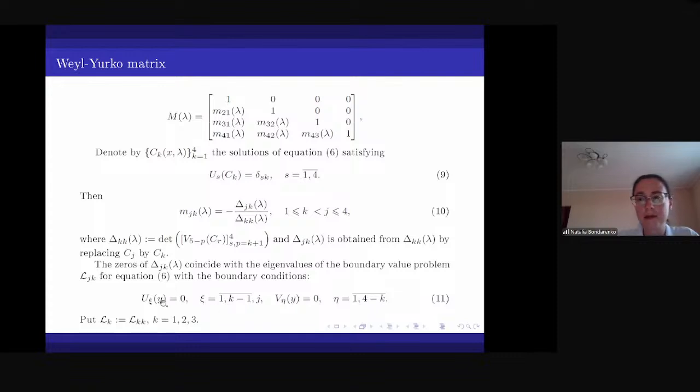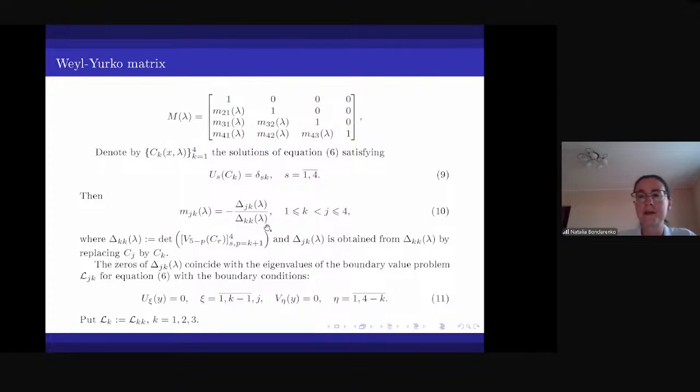For us, the most important problems will be the problems with equal indices kk. For brevity, I denote them by L_k, because the eigenvalues of this problem are the zeros of the determinants.